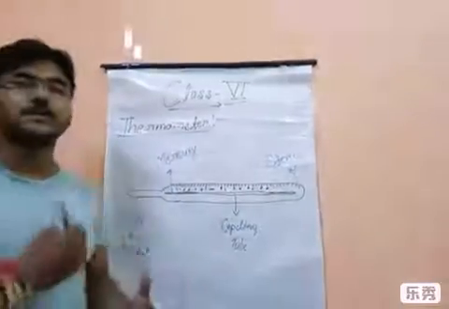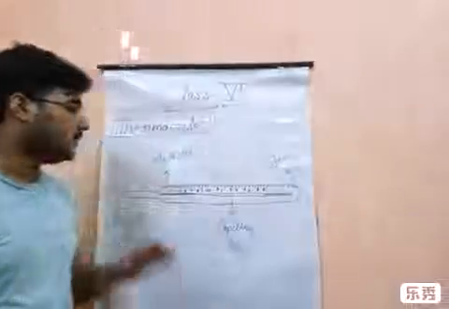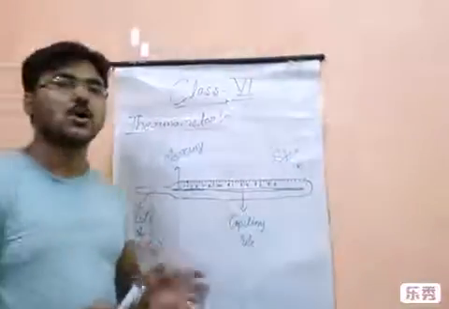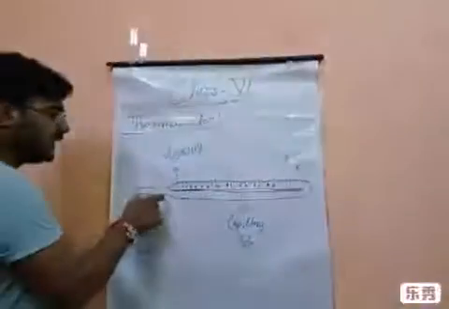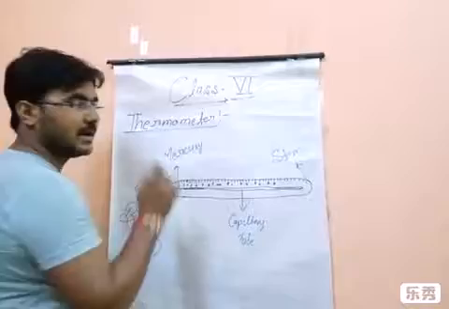Whenever we are checking the fever of any person, we apply it on the underarm or under the tongue of the person. When it is applied, the bulb will conduct the heat of the body and transfer it to the mercury.